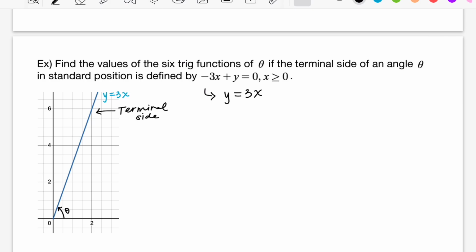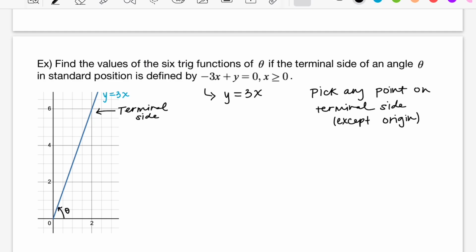Alright, so what we can do is then pick any point on the terminal side except the origin. So what we'll do is we'll pick a nice point.